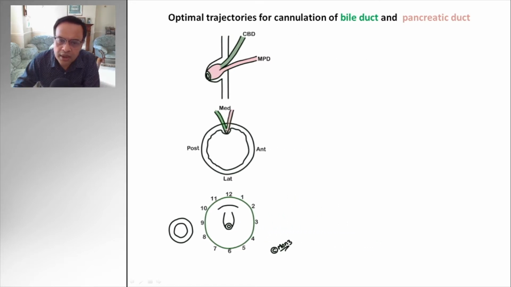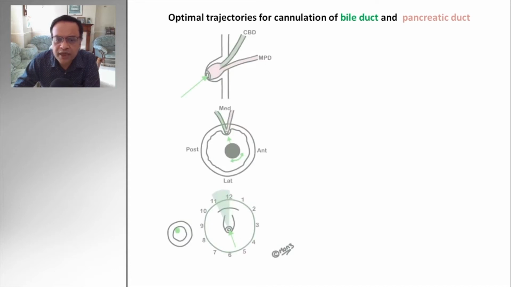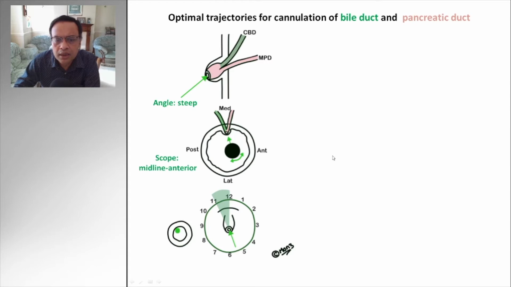Let us now look at the optimal trajectory for cannulating the bile duct. We have to attack the papilla at a steep angle so that the cannula is parallel to the direction of the common bile duct. The scope has to be fairly low in the duodenum and is usually situated either in the midline or slightly anteriorly so as to optimize the axis of cannulation.